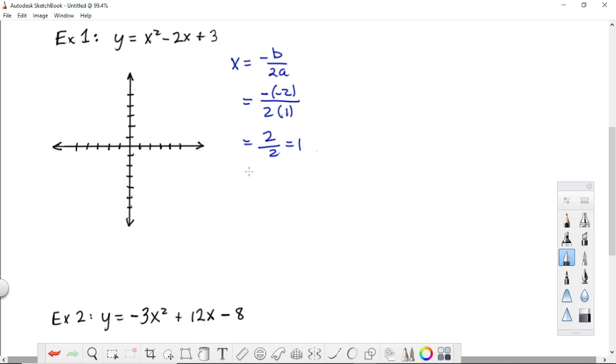So plug in 1 for x and find out what y is just by evaluating the function at that value for x. So it's 1 squared minus 2 times 1 plus 3. Calculate that: 1 minus 2 plus 3, and y equals 2.